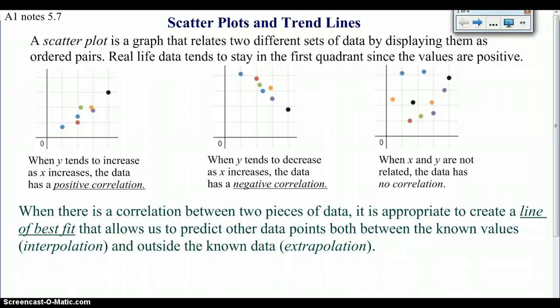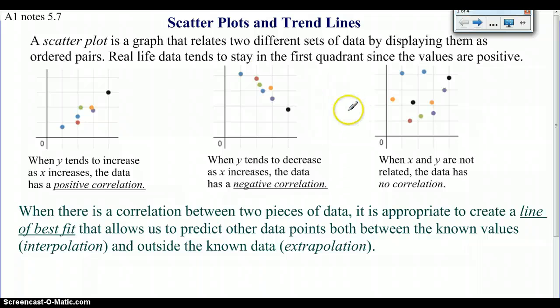One is a positive correlation, like you see on the first example here on the left. That's a positive correlation because as the x value increases, the other follows. The second is a negative correlation, whereas as the x value increases, y tends to decrease.